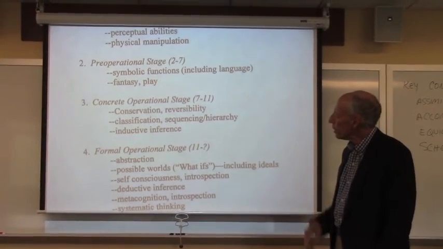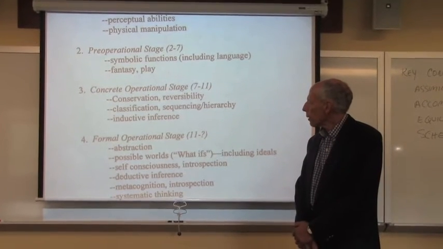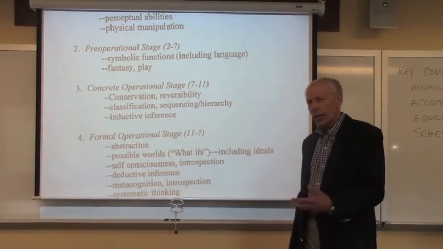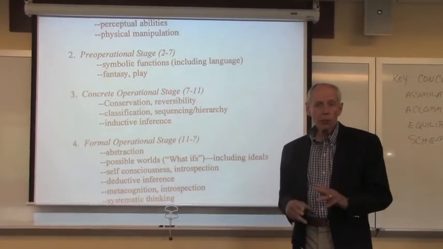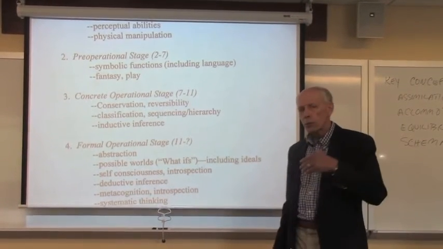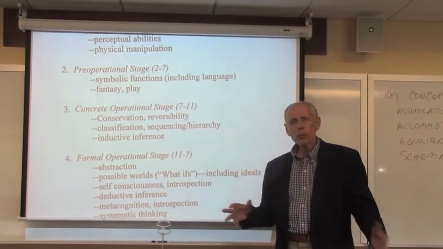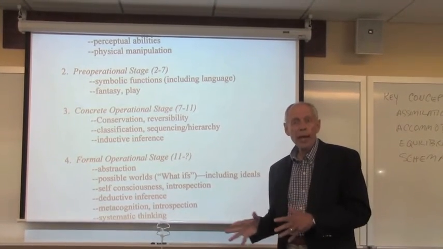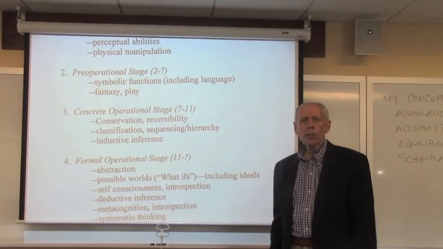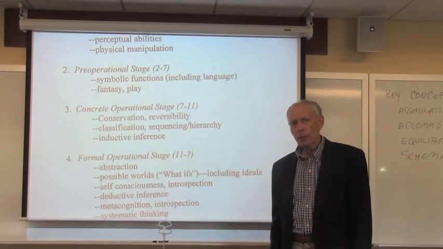One of the key operations that school-age kids get better at is classification and all of its relations. The ability to sequence, the ability to recognize or form a hierarchy, the ability to put things into increasingly complex categories. All of those things help us to organize the world and to make sense out of the world.